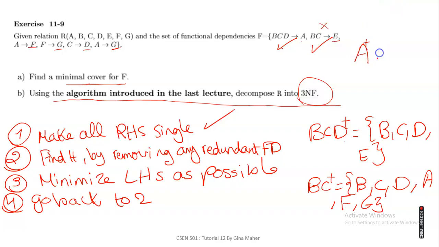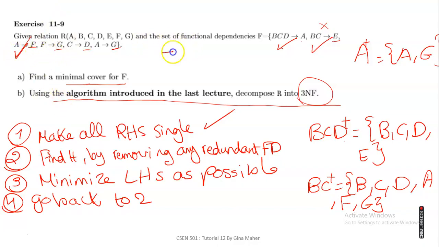A, closure. While removing this one. A, nothing can be added here, nothing here. Here, we can add G. Now repeat again. If there's something we can add, actually no. So, F cannot be deduced from here, so this one is not redundant and we need it.